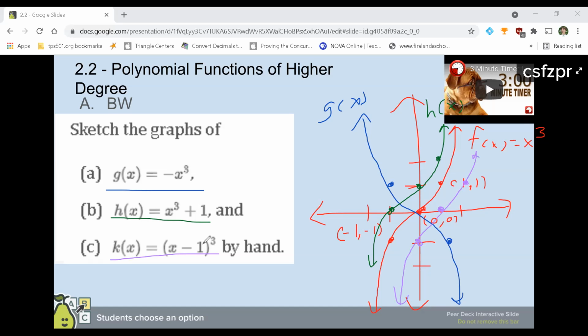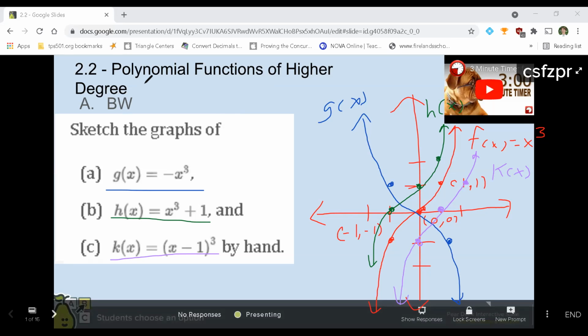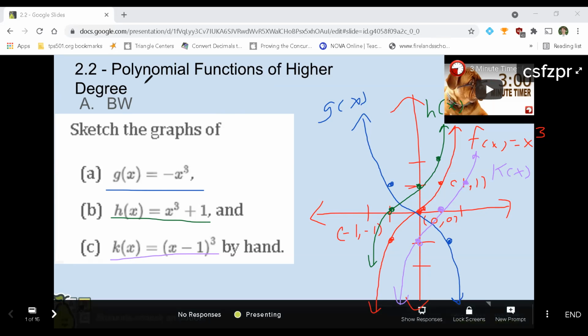That one moves it to the right one. Isn't that a lot easier than doing it in Desmos? Just know your transformations. You two remote people can't see, but they're all nodding right now. So a few in the back are applauding. That's true. Now all of them are doing it.